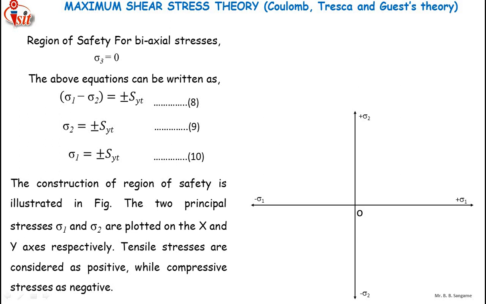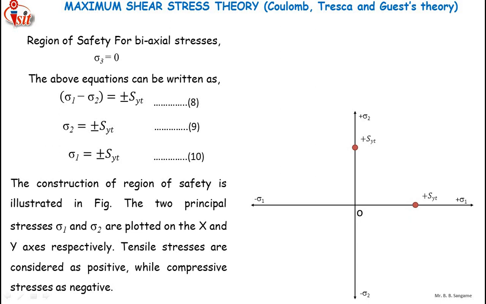First, we have assumed that sigma 1 is equal to plus SYT and sigma 2 is equal to plus SYT. So let me plot this on the x-axis. This is the plus SYT, and this is the plus SYT for the y-axis.